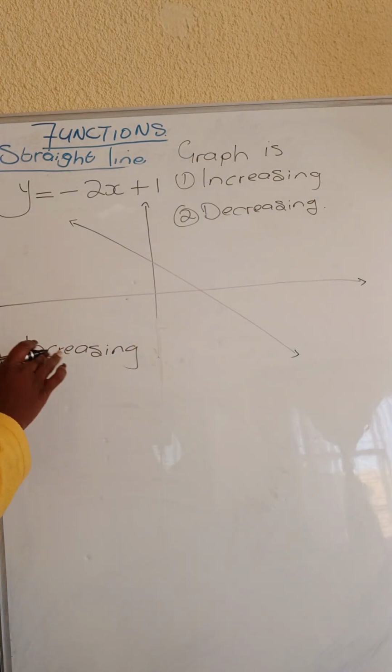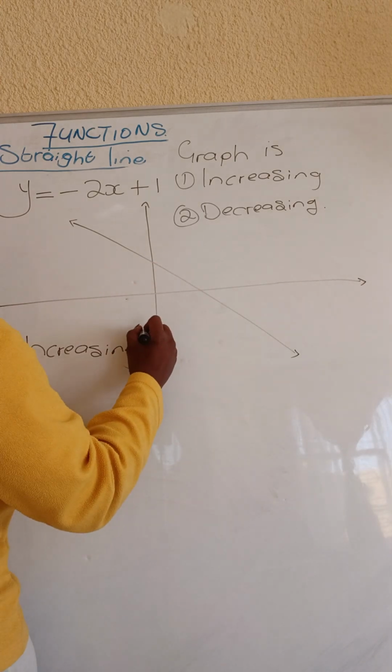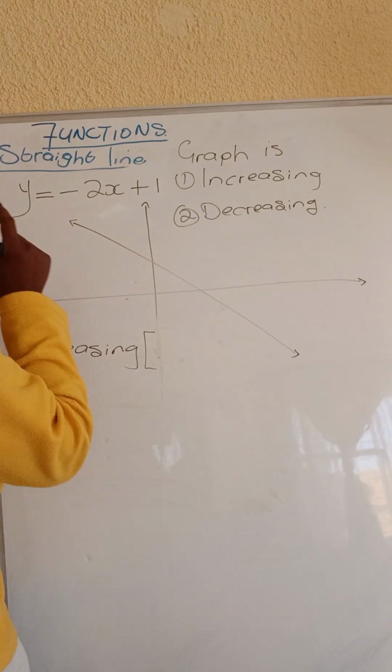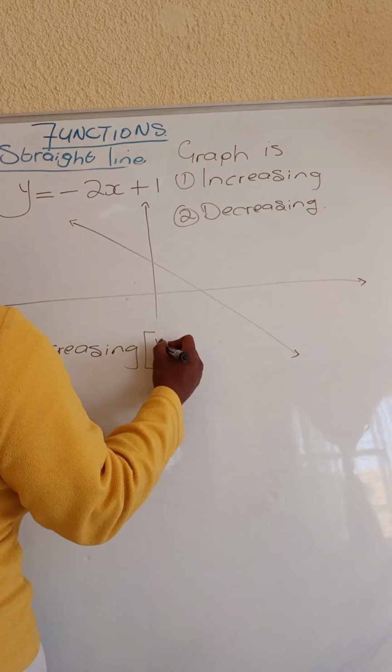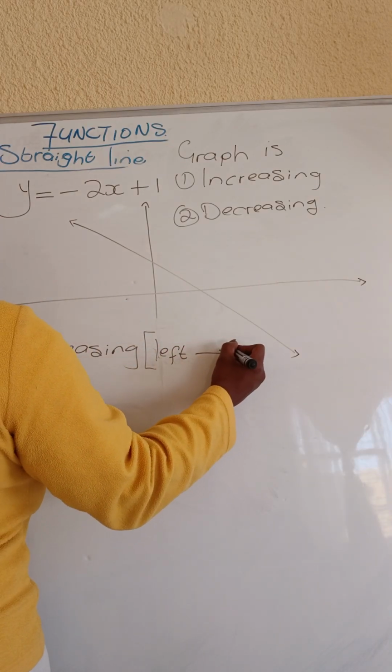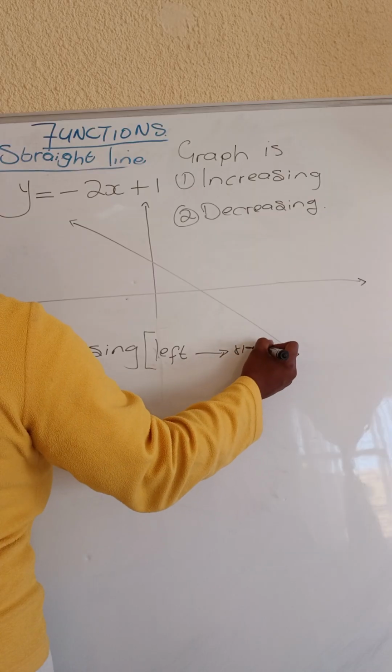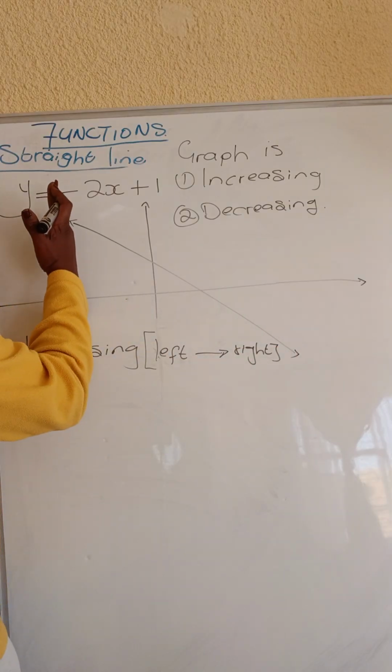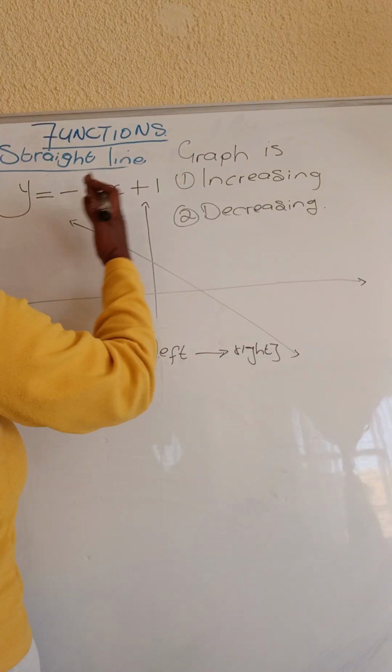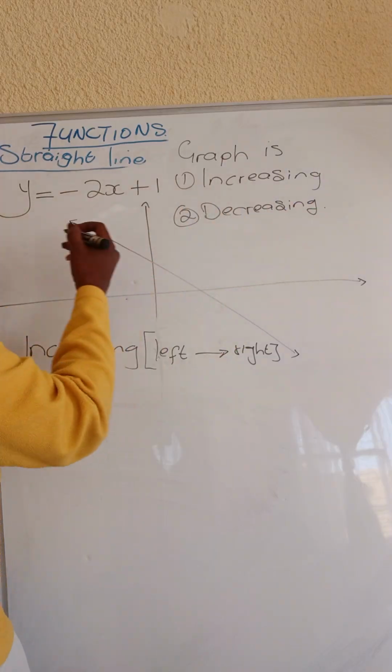Now let us look at the x values. The important thing I want to say here is that we need to read this graph from the left side to the right side. So I'm going to look at x values from this side going on to that side.